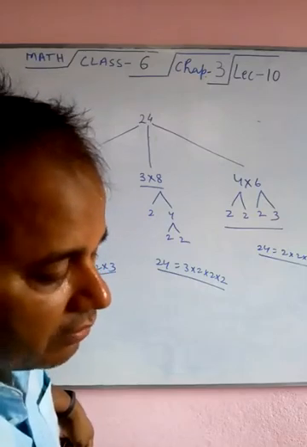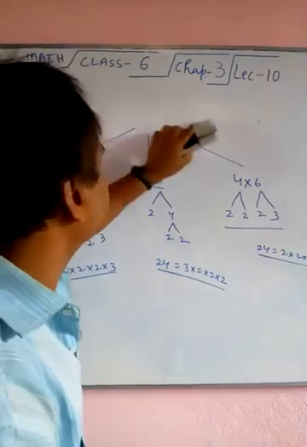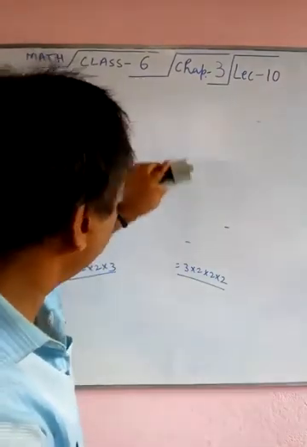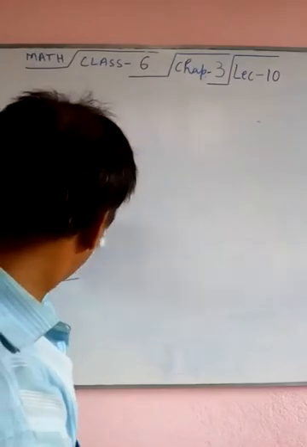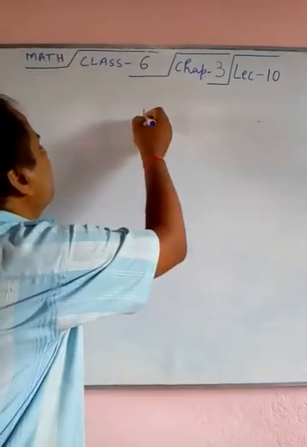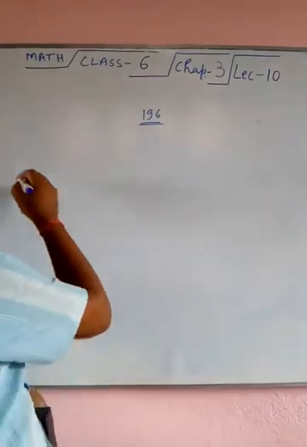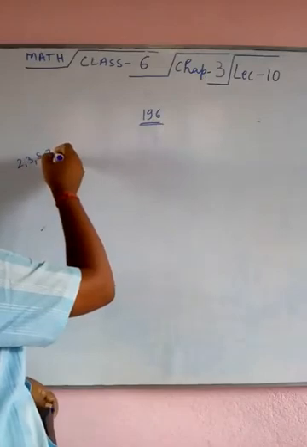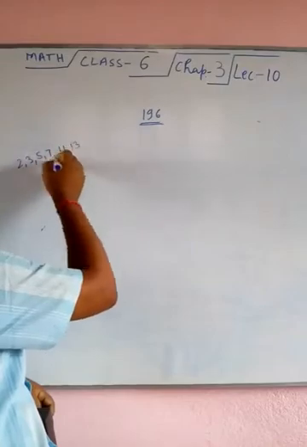Example number 16. Give the prime factorization of 196. So we have the prime numbers 2, 3, 5, 7, then 11, then 13, likewise.